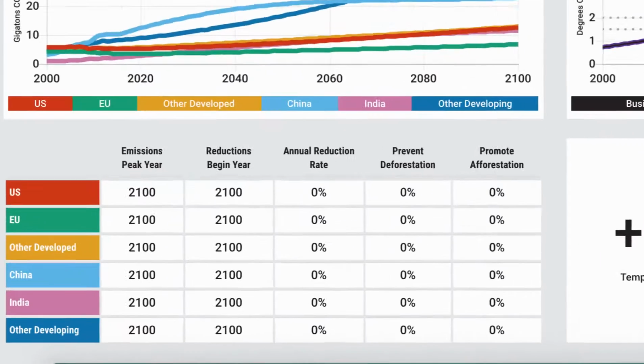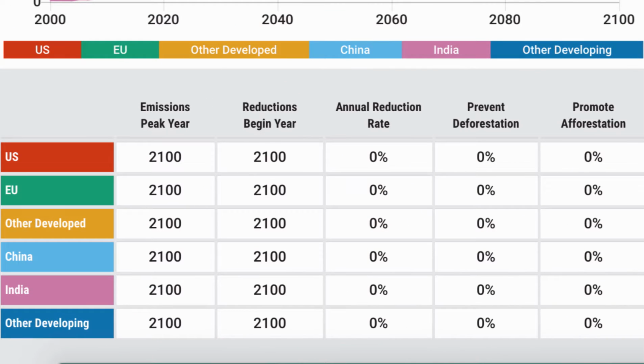On the left side, you can plug in all different scenarios for emissions reductions. You have our 6 national groups: the US, the EU, the other developed countries, China, India, and the other developing countries. And for each of these, you can choose 5 values. Emissions peak year is the year in which your country's carbon emissions will stop increasing.